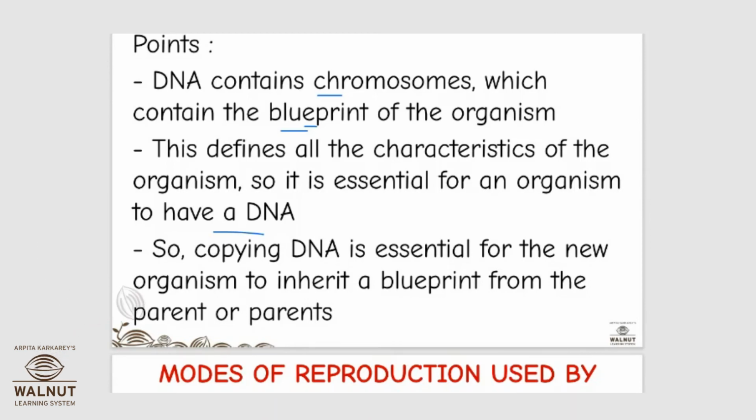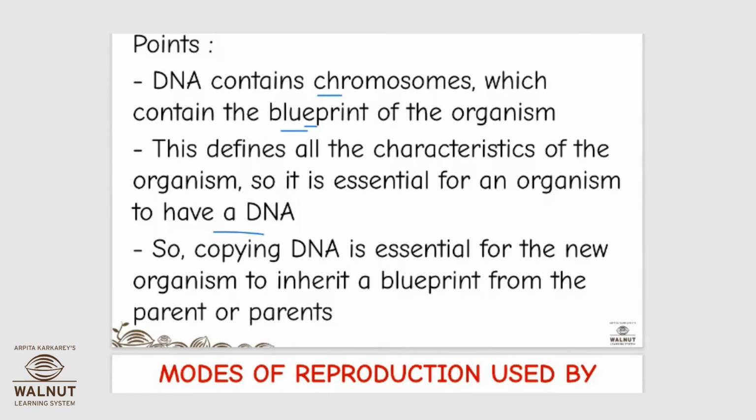So that is basically the blueprint, and that is the thing which defines all the characteristics or features an organism has. Okay. The third point is, copying DNA is essential for a new organism to inherit a blueprint from the parent. So inheriting of characters, as we discussed in the beginning.